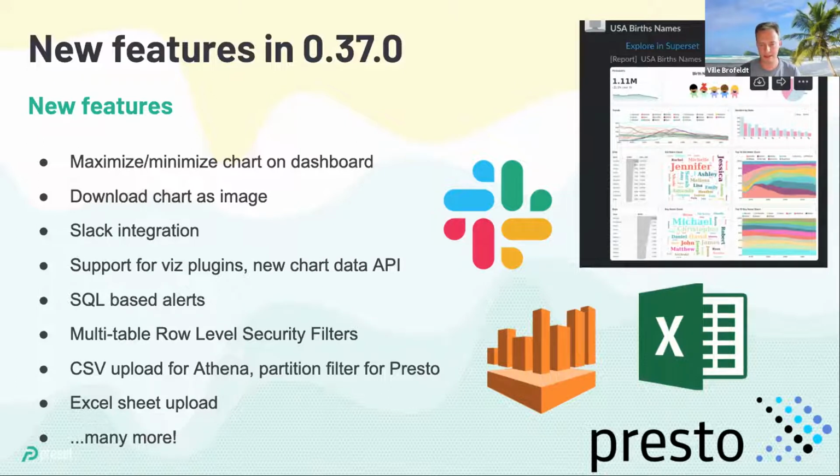And I think this Athena CSV upload thing was really nice because this was originally reported as a bug on Superset, but then it turned out that this was actually a bug on PyAthena. So then this was raised on the PyAthena GitHub page, and that project then made the fix and made a new release of PyAthena that Superset then upgraded to.